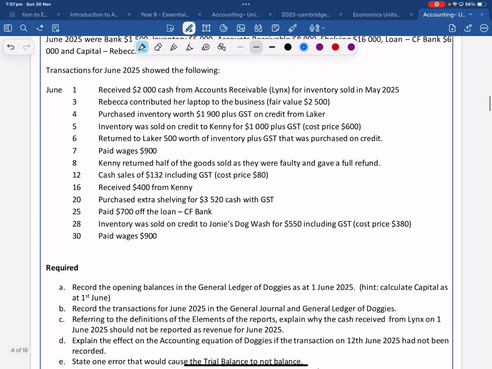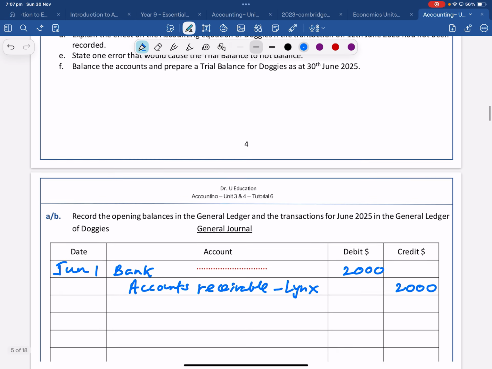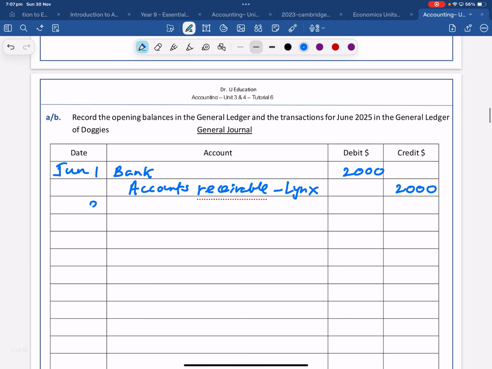Right. Next one. Rebecca contributed her laptop to the business, fair value 2500. Yeah, what do we do, guys? June 3rd. What do we write as? Computers 2500. And where do we credit? Capital. Rebecca 2500.